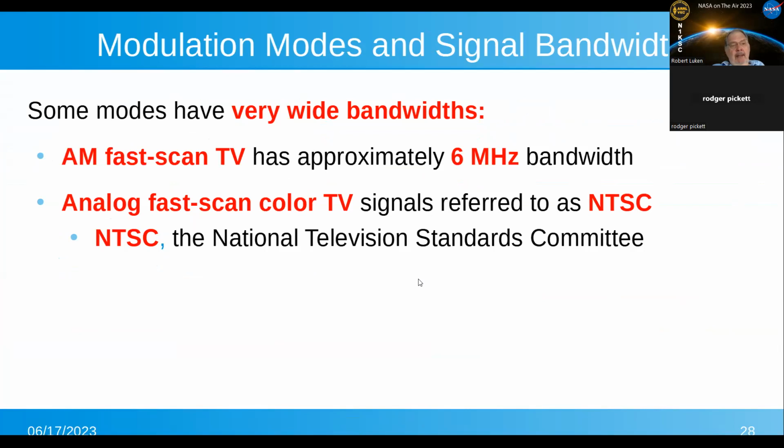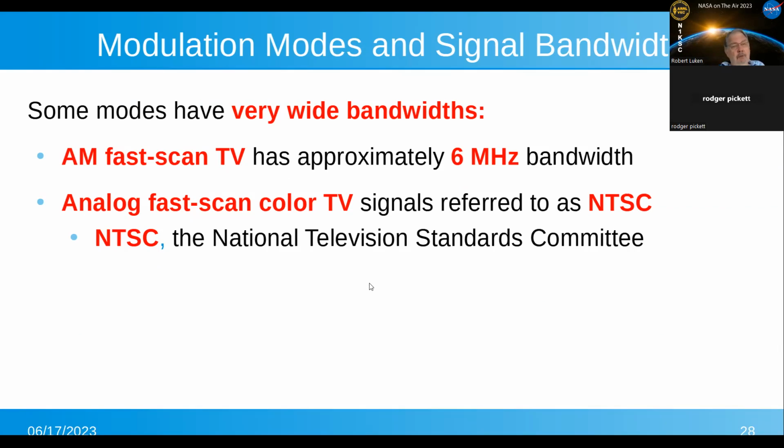Okay, some modes have very wide bandwidths. AM fast scan TV is approximately 6 megahertz. We refer to that as NTSC, or the National Television Standards Committee. Now, I think it's since changed, but that's what the ARRL is using. It's a reference for analog fast scan, which is what your TV used to be when it was over the air.